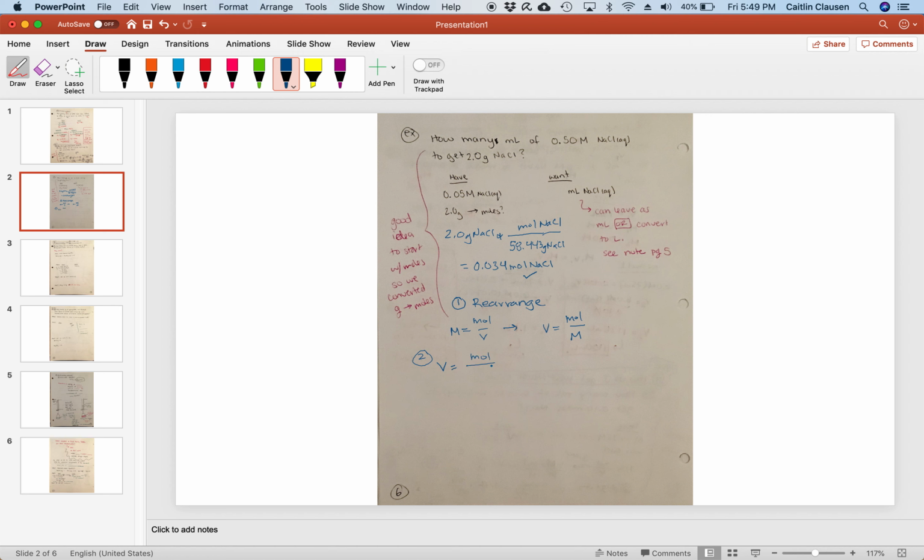So if I have moles on the top and molarity on the bottom, I know that molarity is moles per liter, which is the same as writing moles times liters over moles. The moles cancel, and I'm left with volume equals liters, which checks out. Correct units.